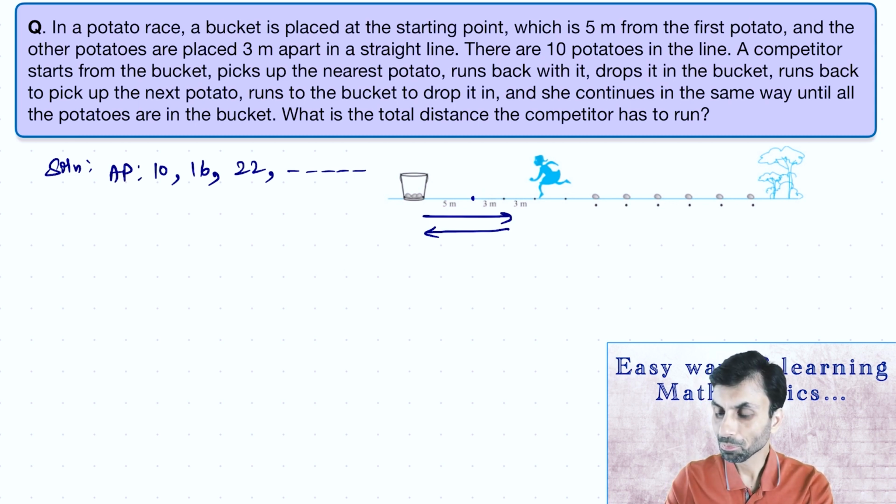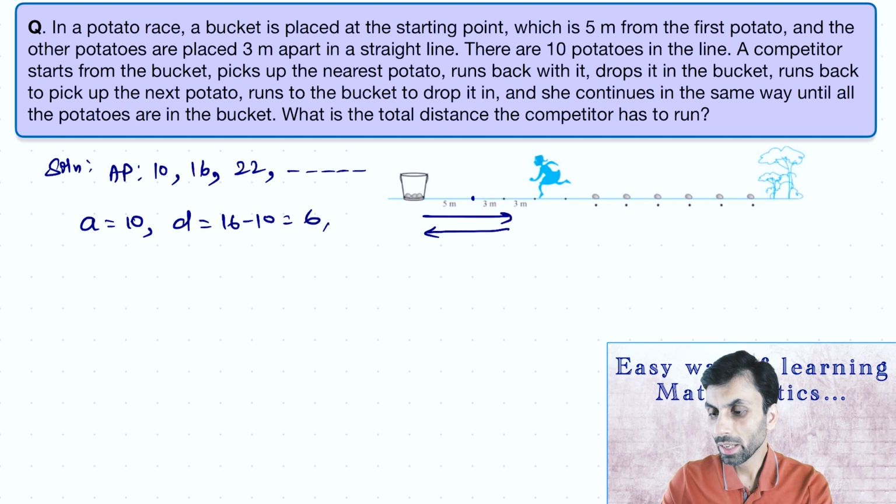Now here, the first term is 10. Common difference will be 16 minus 10, which is 6. Here the number of potatoes will represent the number of terms, which is 10. We have to find out the total distance the competitor has to run.